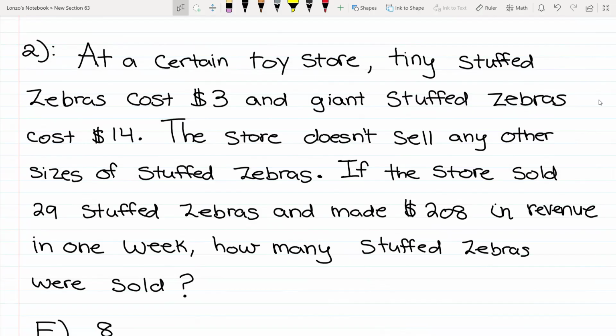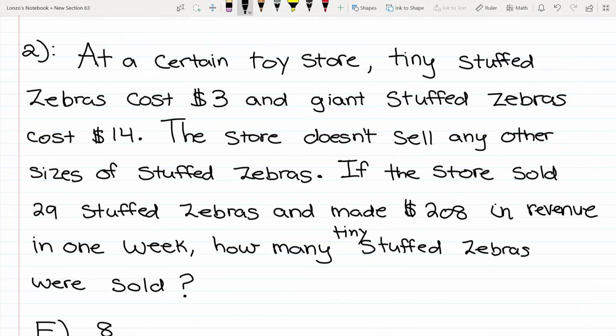If the store sold 29 stuffed zebras and made a total of $208 in revenue in 1 week, how many stuffed zebras were sold? Sorry, it should say how many tiny stuffed zebras were sold. So we have tiny zebras and we have giant zebras.